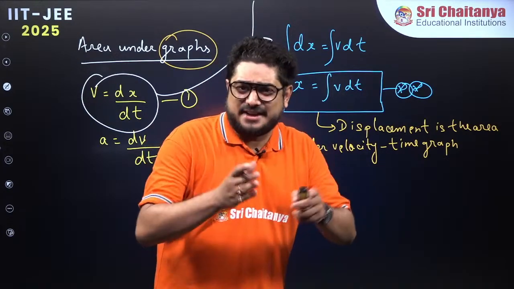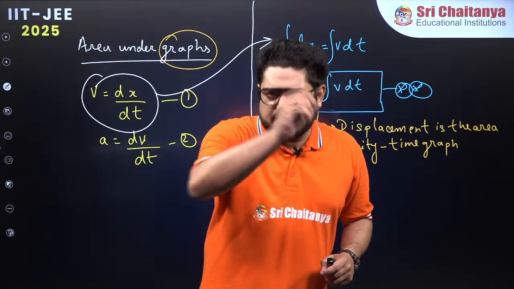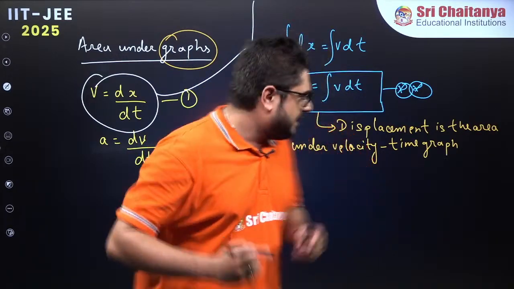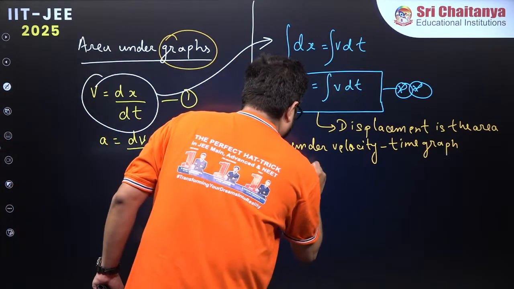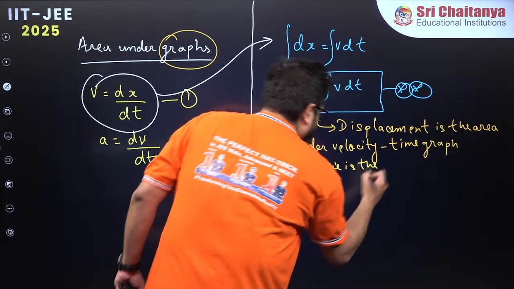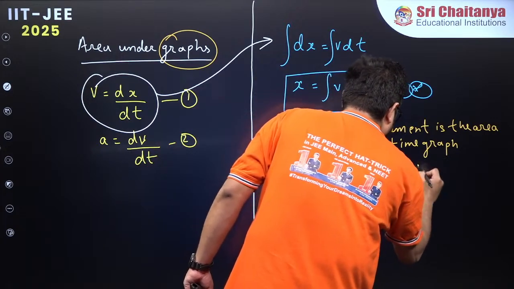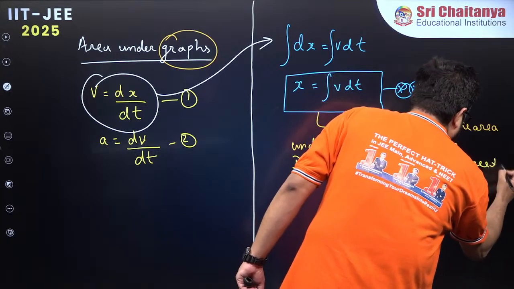Now what if I mention distance? I can write down one more thing over here, that distance is the area under the speed time graph, to be specific.